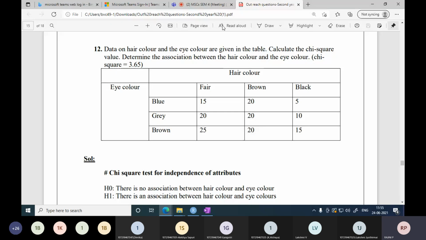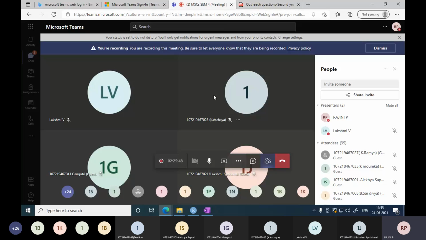First remember, take the column values. Column wise, you need to take the values: 15, 20, 25, 20, 20, 20, 5, 10, 15. Like that you need to take. Is it clear, everybody? Yes, ma'am.